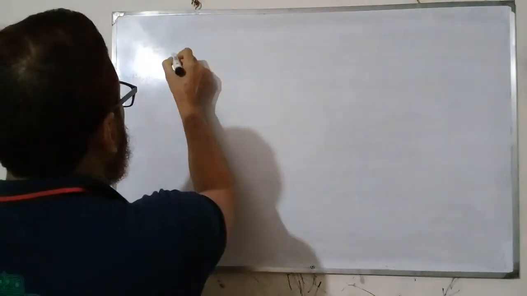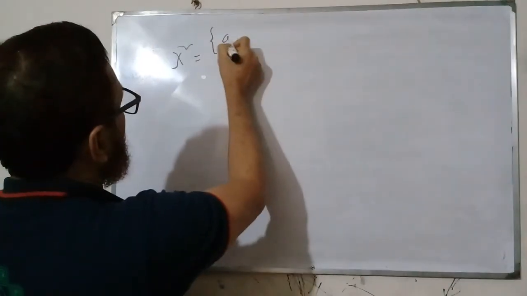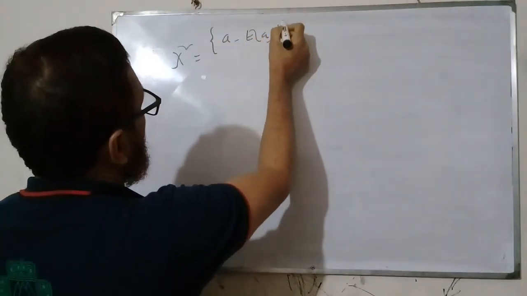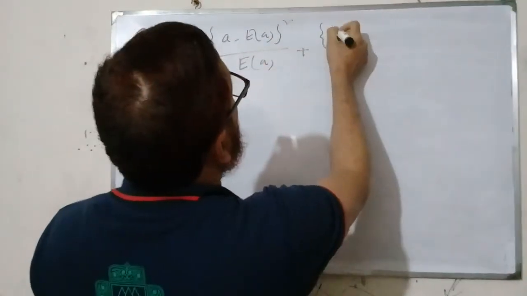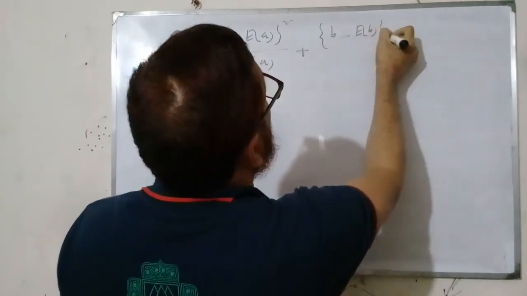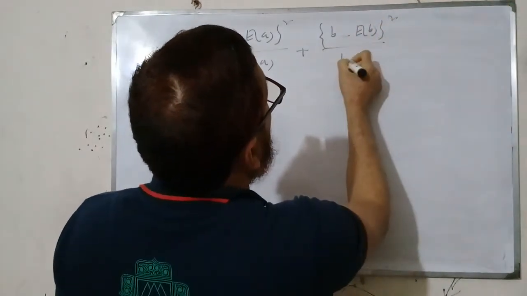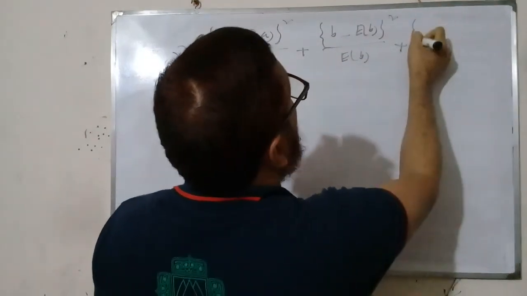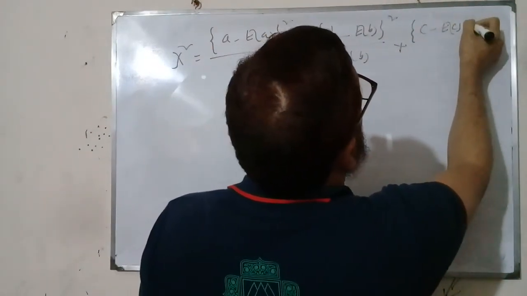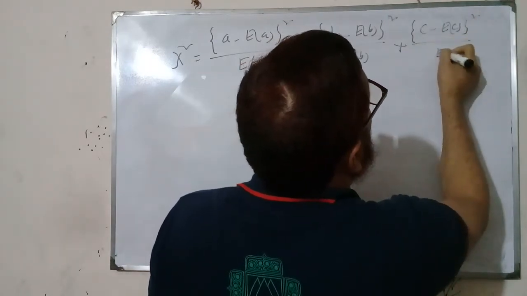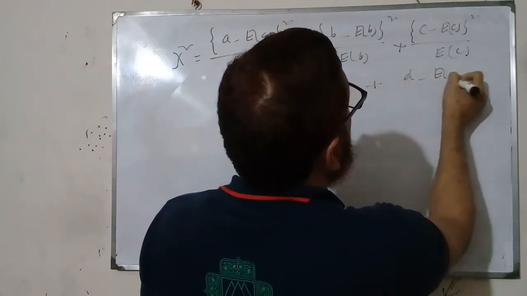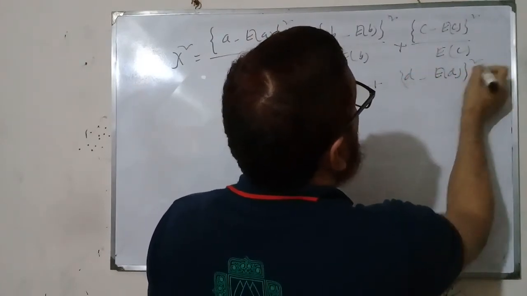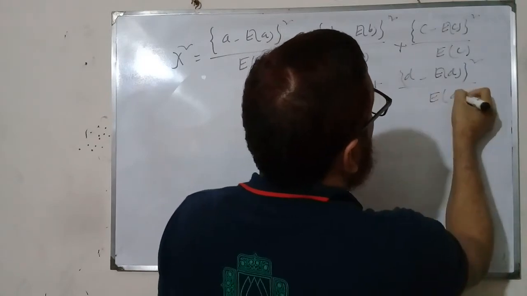We know chi-square equals A minus EA whole square by EA plus B minus EB whole square by EB plus C minus EC whole square by EC plus D minus ED whole square by ED.